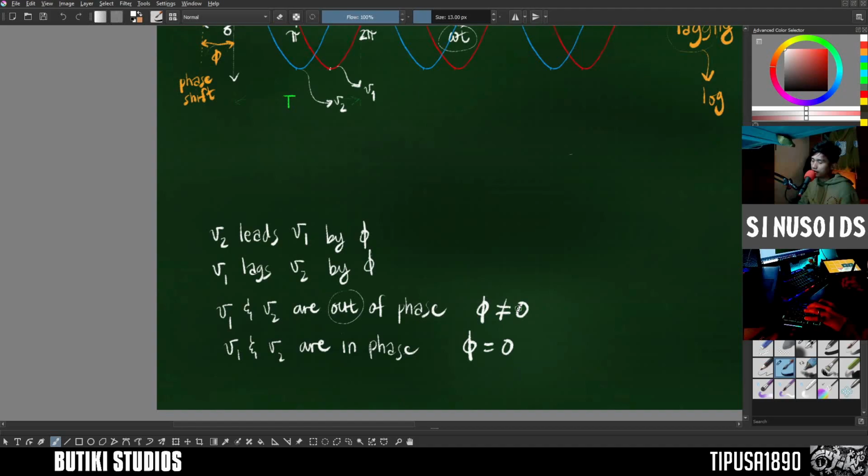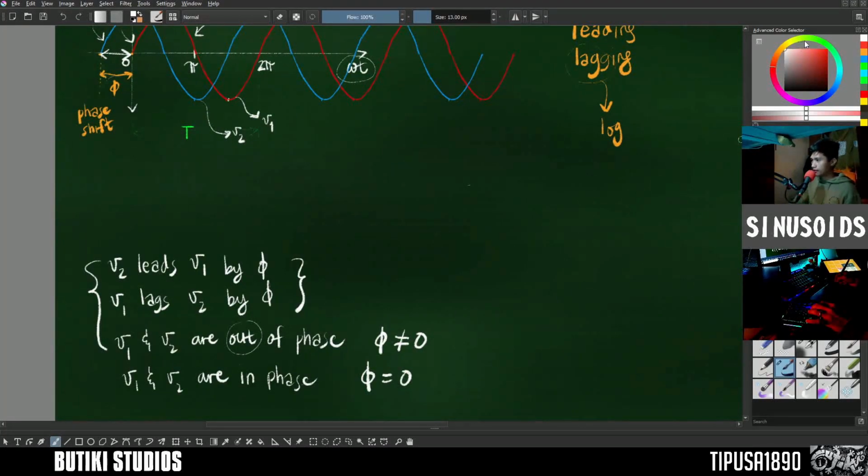But when there is a gap, the phase angle is not equal to 0. So basically, these three are the same, only that these two specify the angle difference between them. Out of phase means the two waves are out of phase.